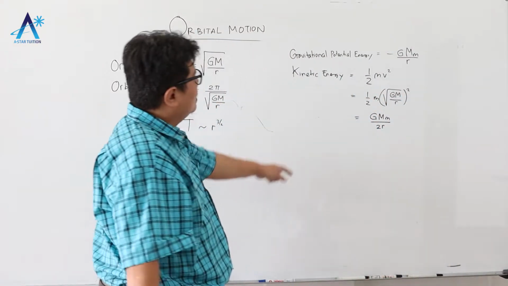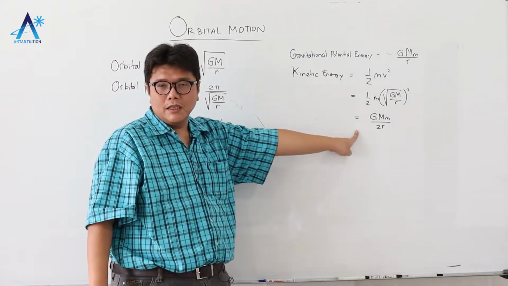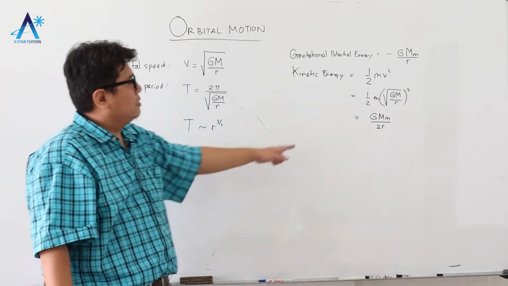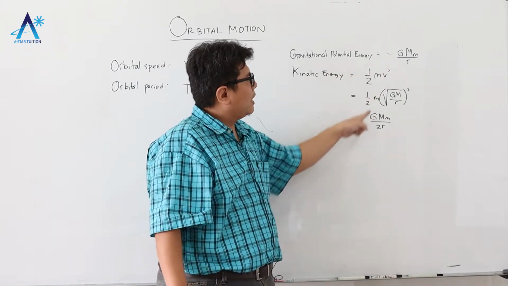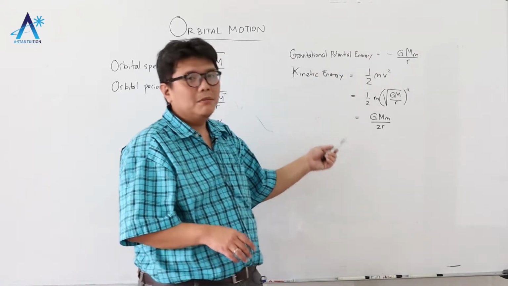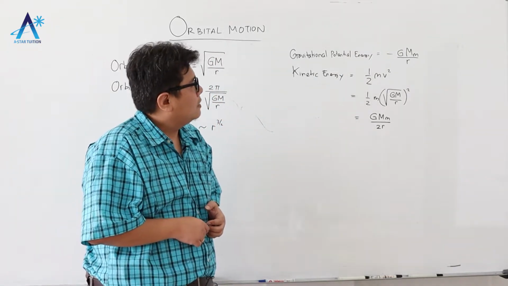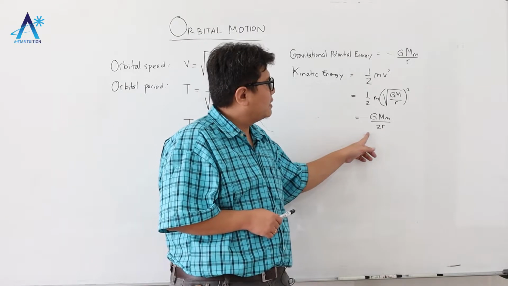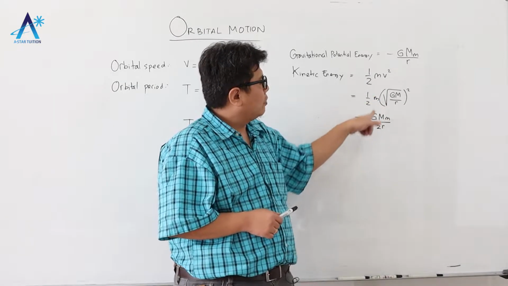Now, this is the equation for the kinetic energy, right? So you can see that they have more or less similar form. The only difference you can see right away is that this is positive and this is negative.